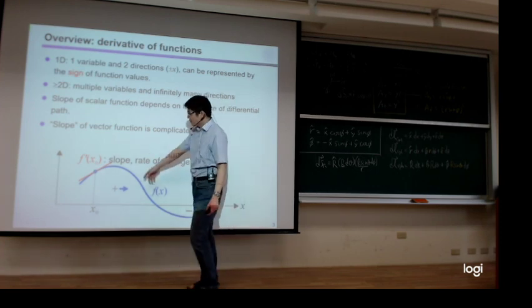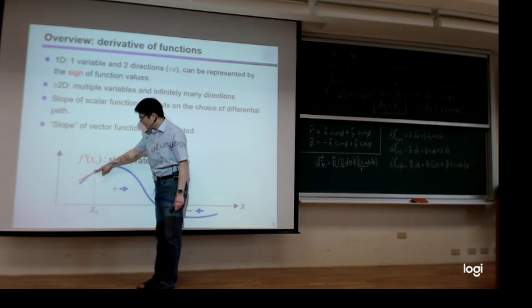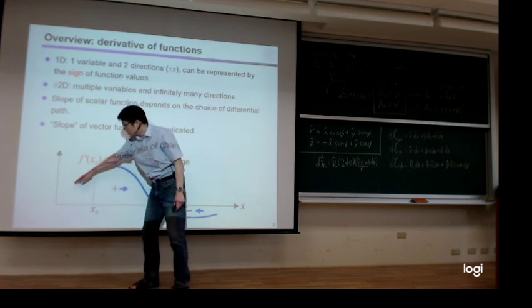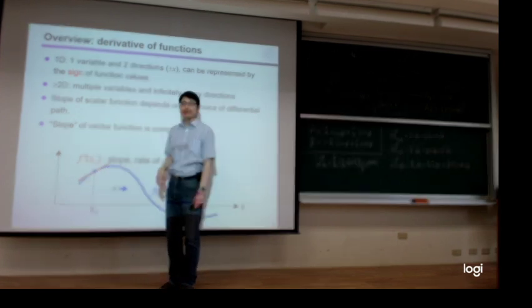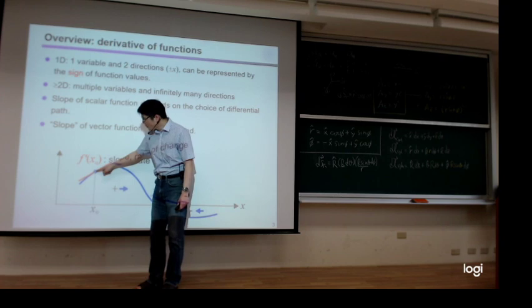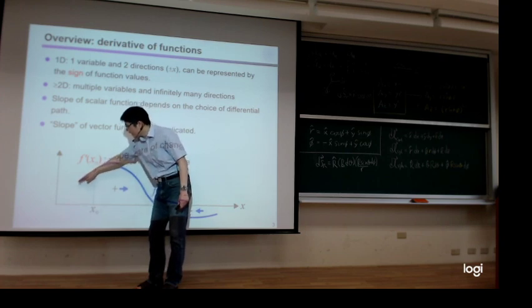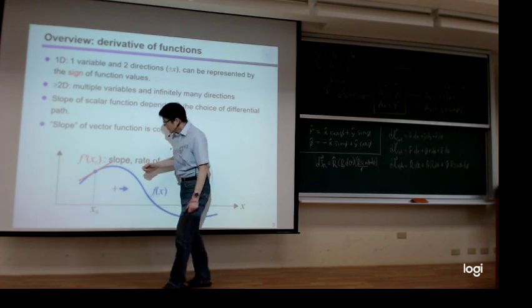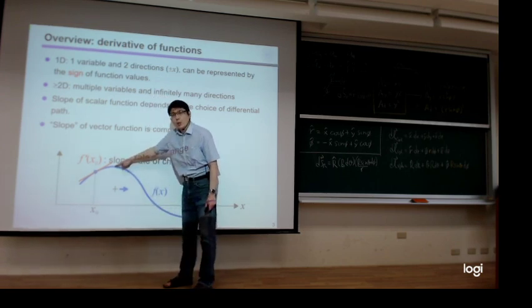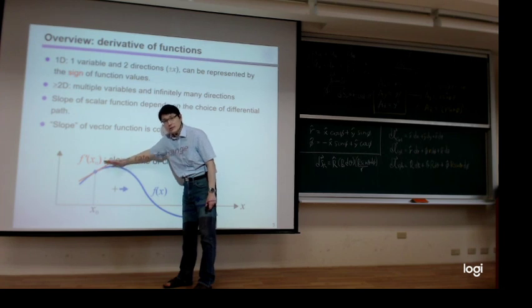For example, at this point, we know the slope. After you perform the differentiation, you have this red line. So at this point, you have a positive slope. At this point, what would your slope be? 0, right?